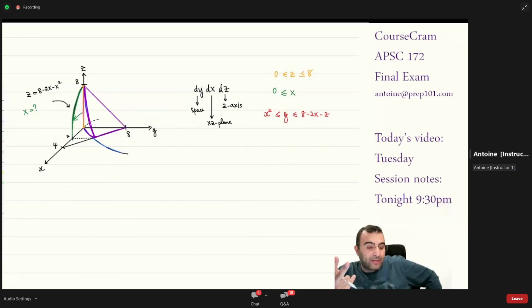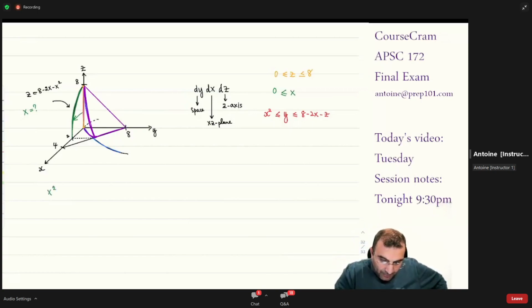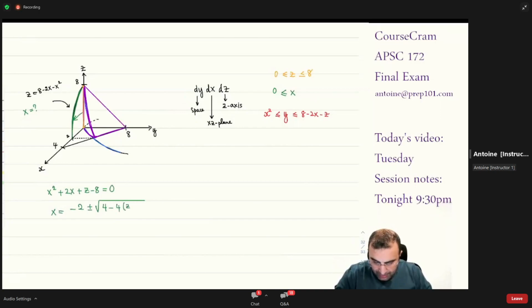Well, I have to do the quadratic formula. So I'm going to say x squared plus 2x plus z minus 8 is equal to 0. So x is equal to minus b plus or minus the square root of b squared minus 4ac, all divided by 2a.